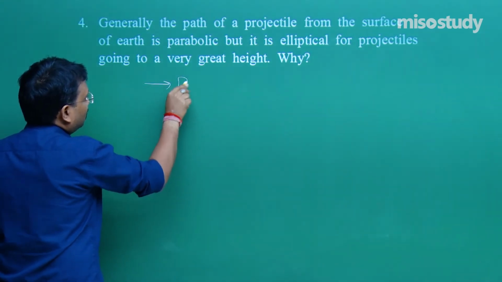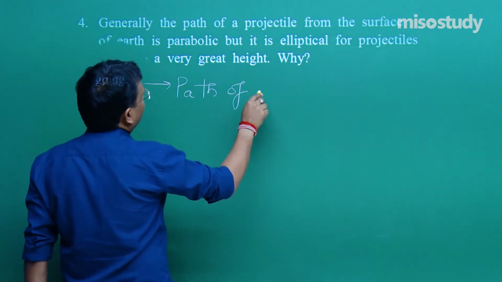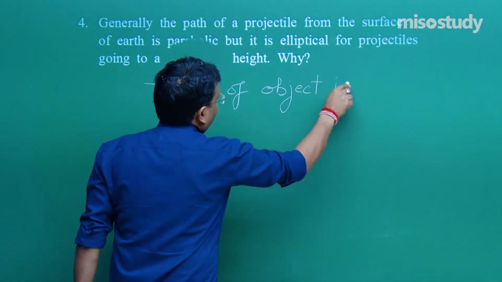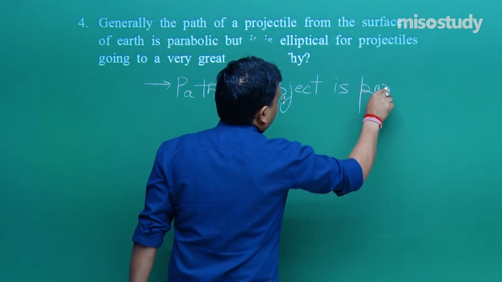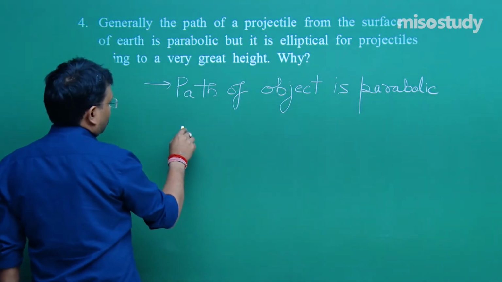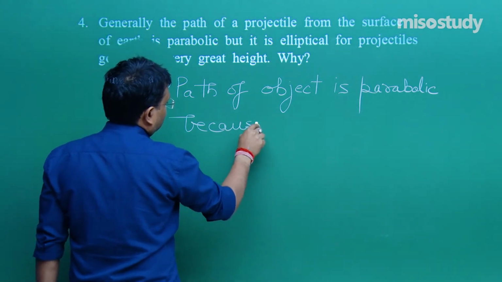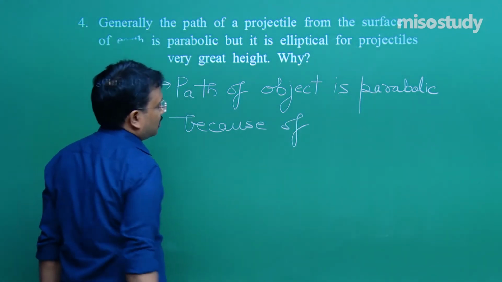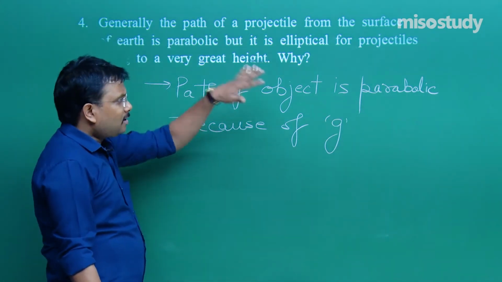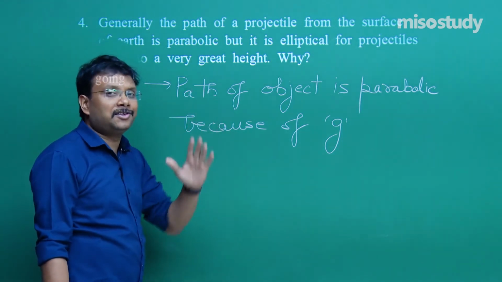Number 1, path of object is parabolic because of acceleration due to gravity g, and sufficient time we devoted to this concept while we were discussing motion in a plane.